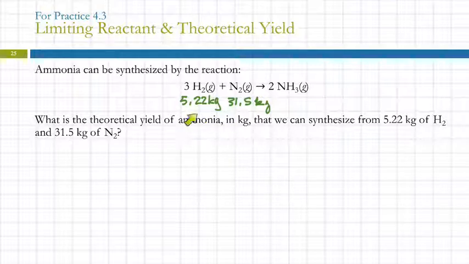We cannot just look at this and say, oh, there's a lot less hydrogen, that must be limiting. Because the masses of nitrogen and hydrogen are very different and the mole ratios are different, and you can't just look at it. You have to do the calculation.